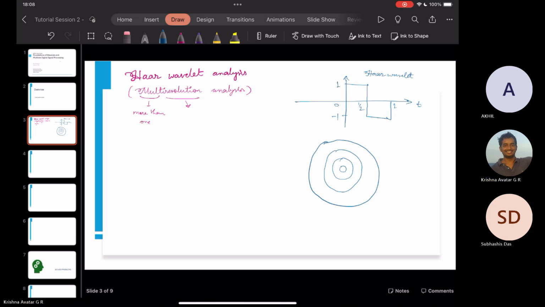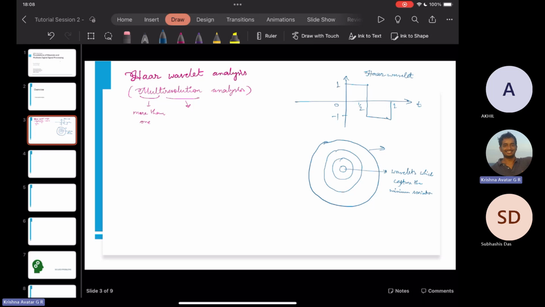It's as if the larger the shell, the finer the variations in the signal it can capture. And the innermost one is the least resolved, or maybe the way of putting it is wavelets which capture the minimum variations.